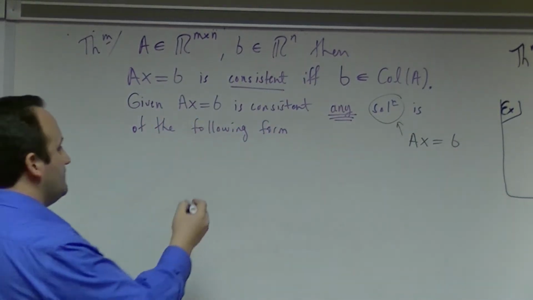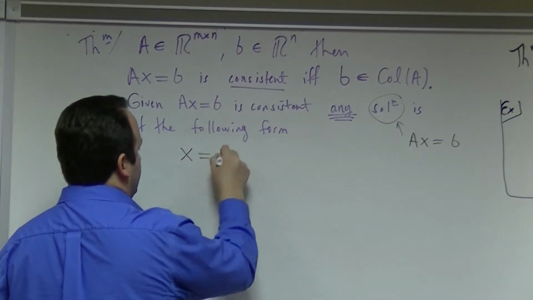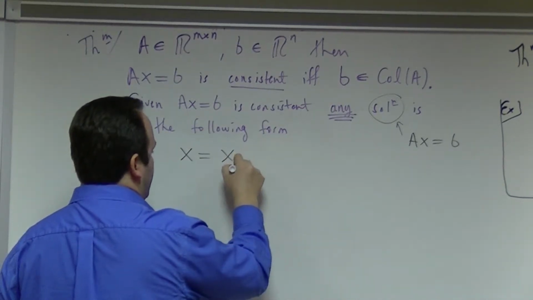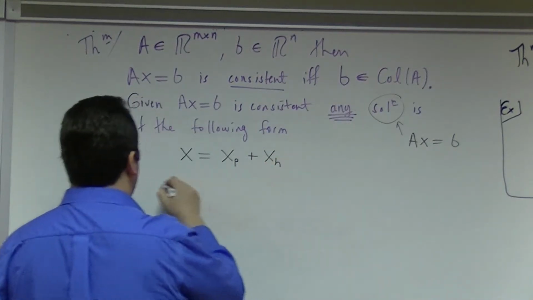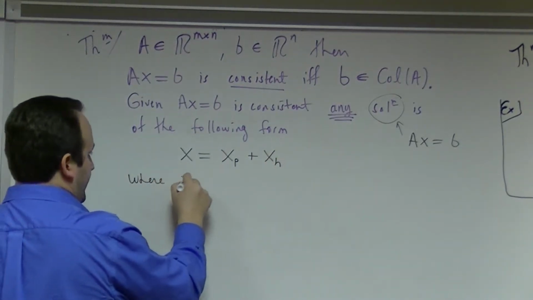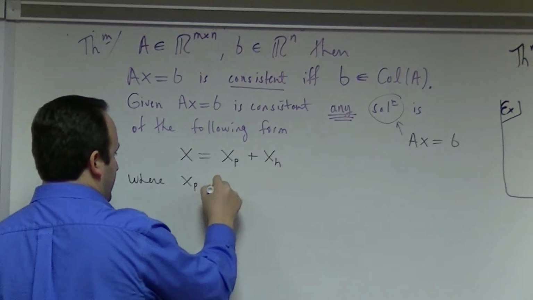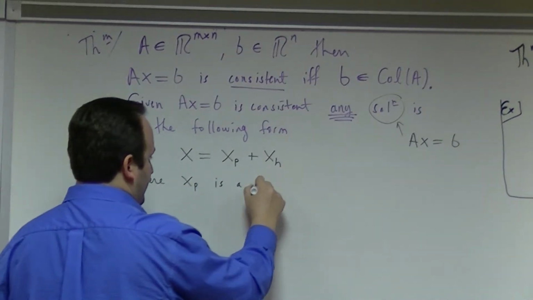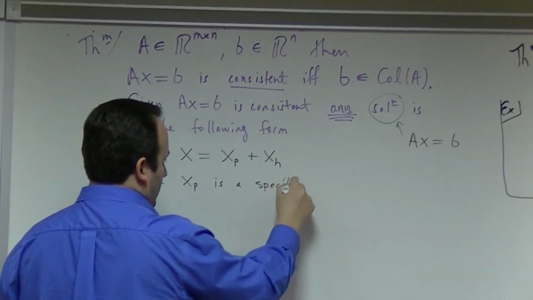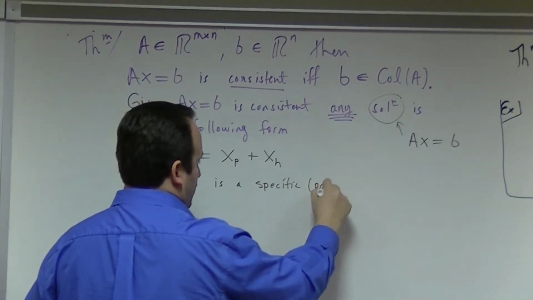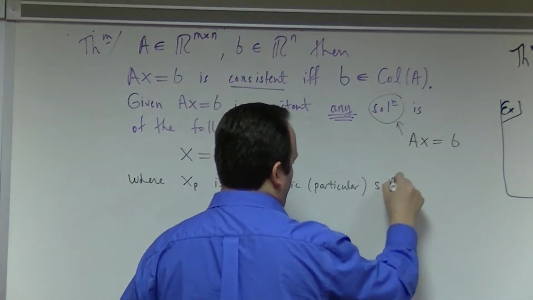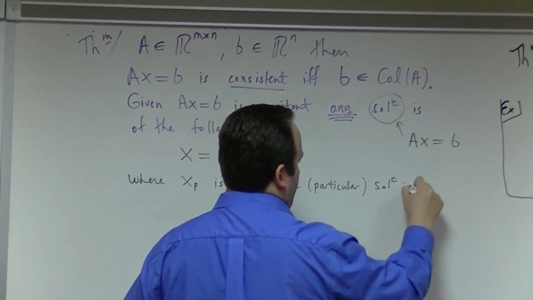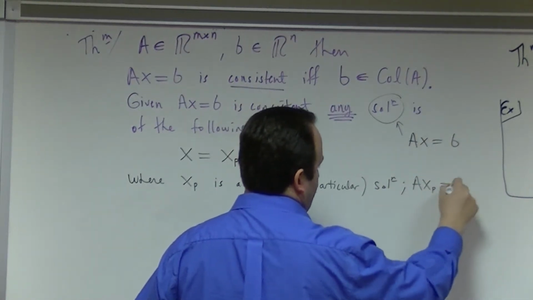It's of the following form: x is equal to xp plus xh, where xp is a specific, sometimes called particular, solution, meaning that A times xp is equal to b.